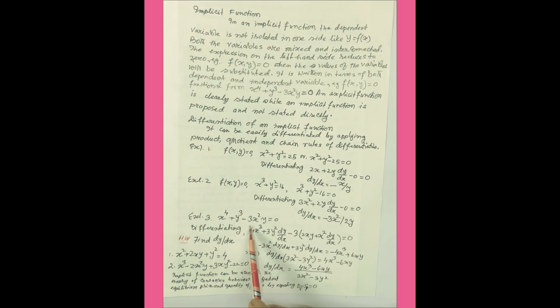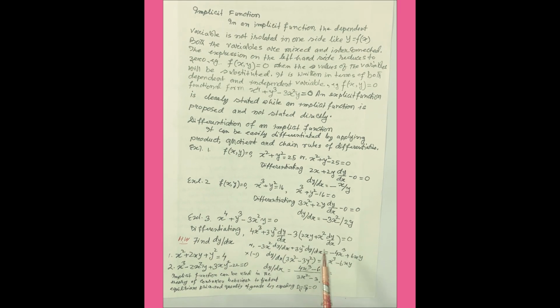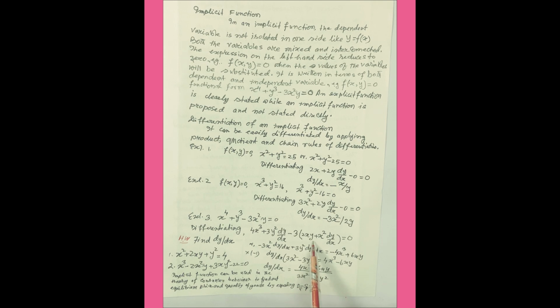So here we'll have to use the product rule. Now minus 3x square into dy by dx, so if we remove the bracket, minus 3x square dy by dx plus 3y square dy by dx.